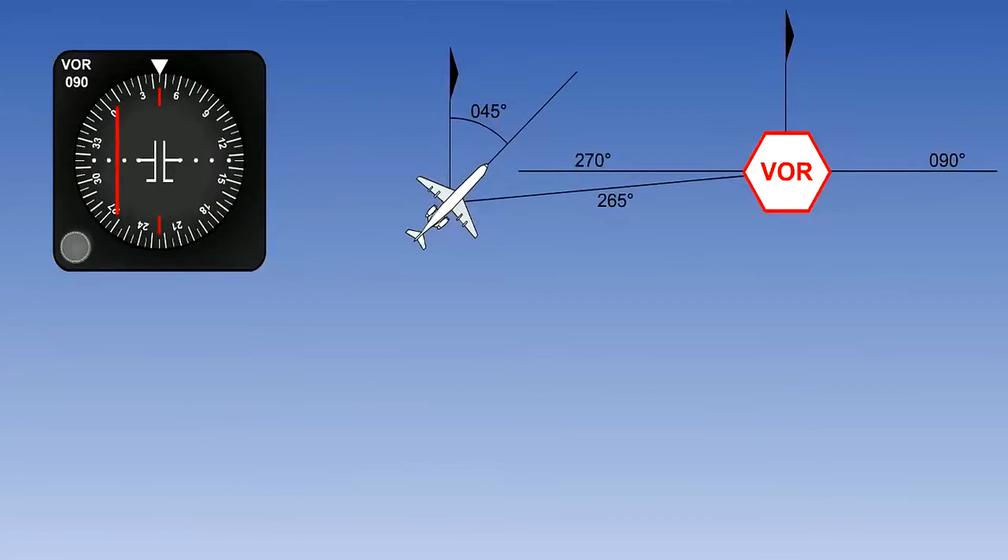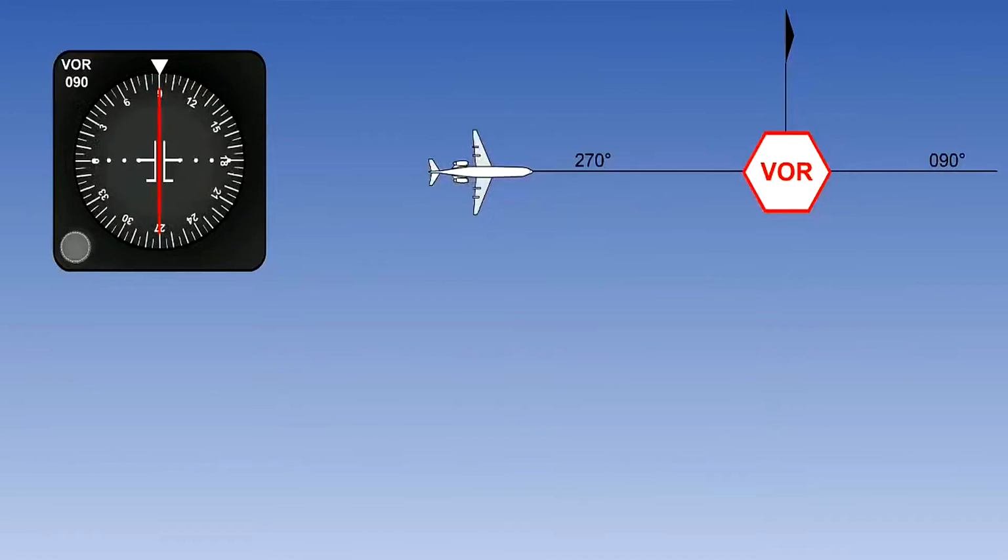If he is on the 265 radial, the deviation bar will register 2½ dots deflection, as each dot is 2 degrees. As he gets closer to the 270 radial, he will turn gradually, and when the bar is centered, he will have a heading in still air of 090 degrees and a to indicator on the dial.